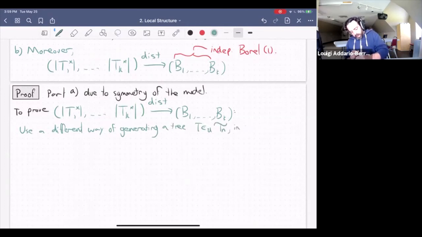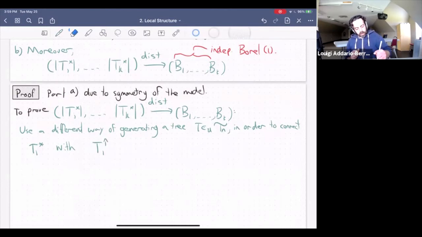And the reason for that is that I want to connect the tree T1 star with the tree T1 up arrow in a different tree. Okay.